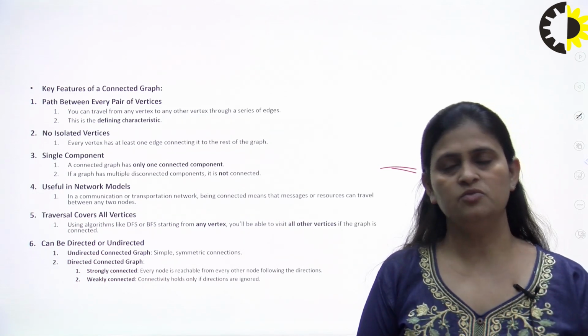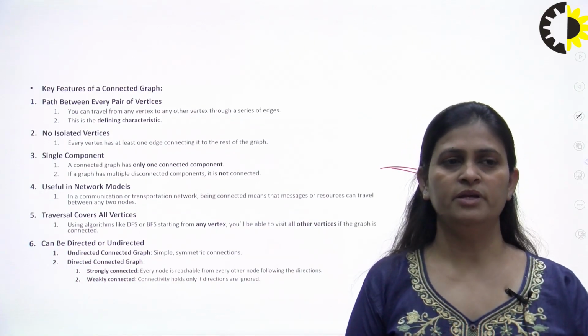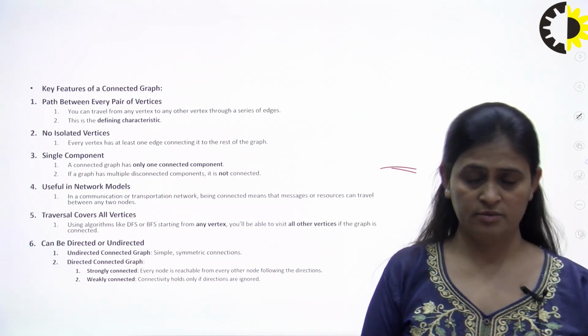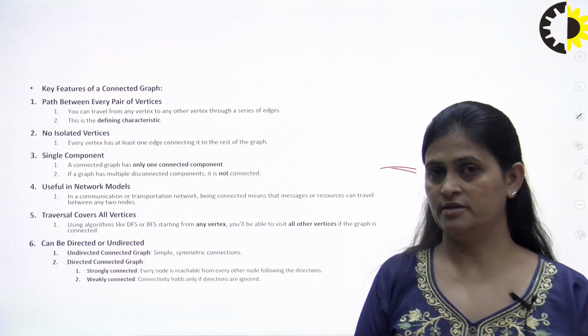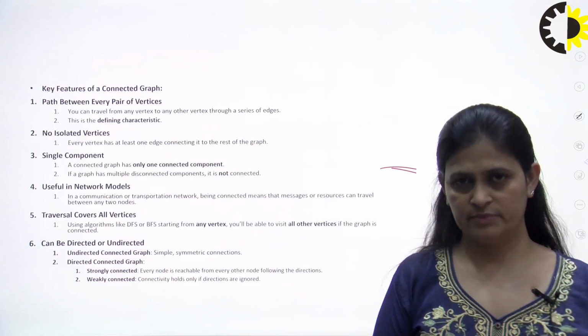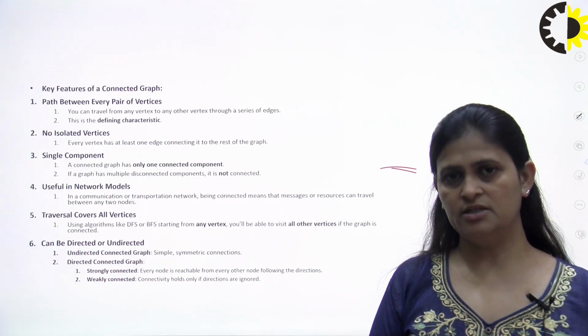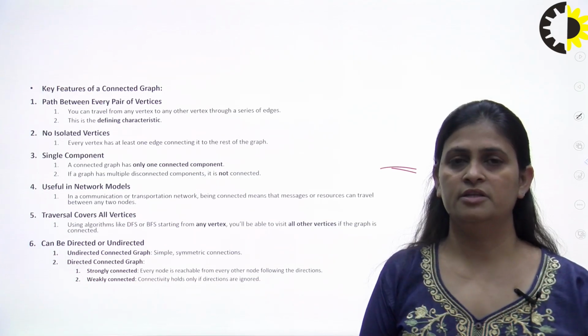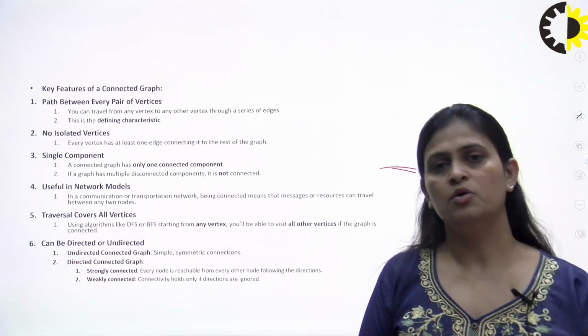Next one is that it can be directed or undirected. The undirected connected graph means simple symmetric connections, and for a directed connected graph there are two types: strongly connected and weakly connected.